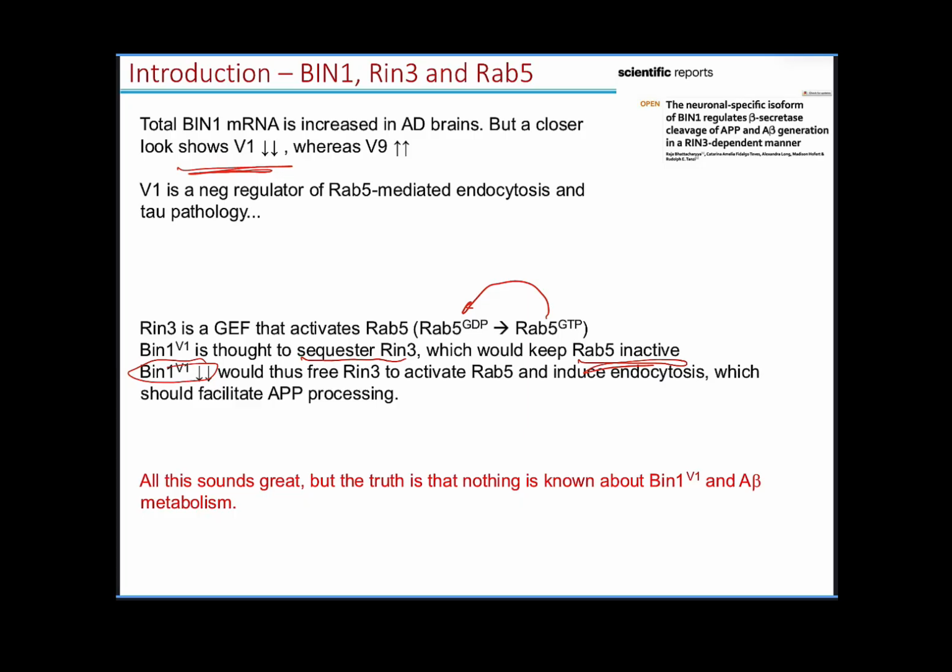And we know a few things about what BIN1 could be doing in cells, but this connection to APP metabolism and A-beta processing was not known, so the paper addresses this, and even though it's just a few figures, it's strong enough and impactful enough to make it to Scientific Reports. Okay?